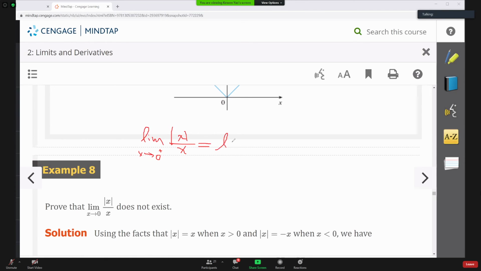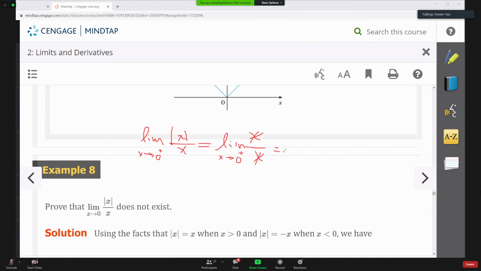Take the limit as x approaches 0 from the right side. See, x goes to 0 from the right side. This is positive, right? So the numerator, the absolute value of x, is just x, over x. So these cancel out, right?